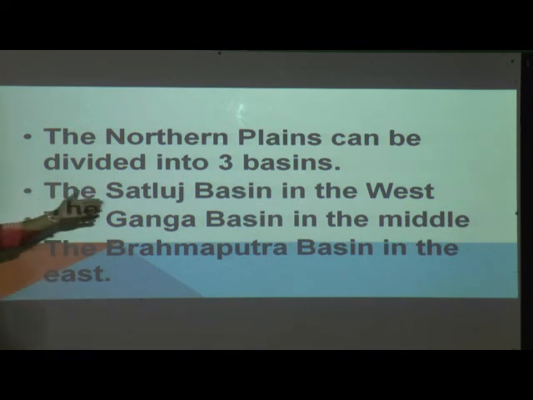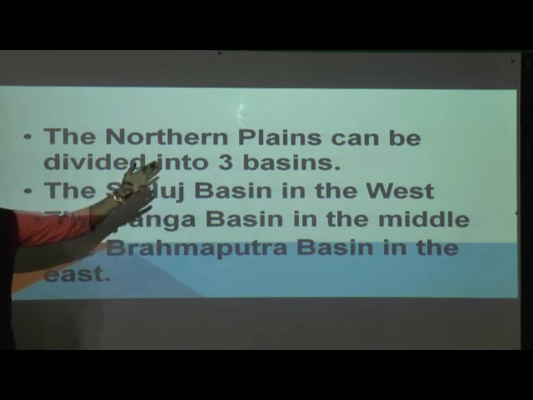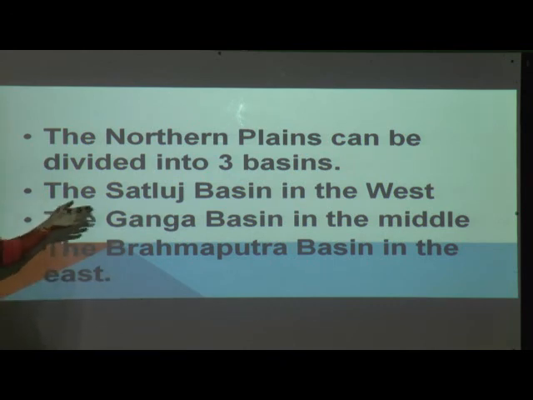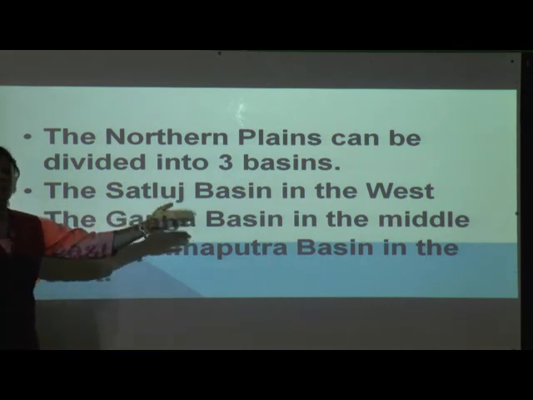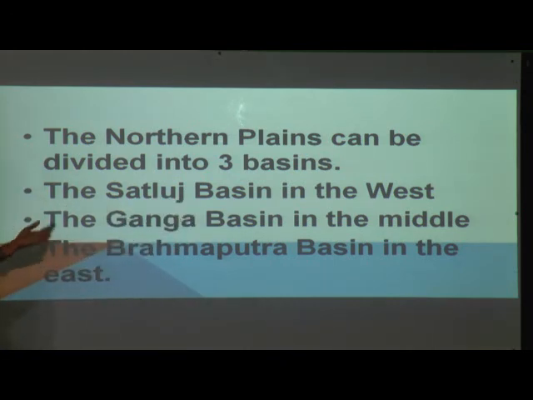The Satluj basin in the west, the Ganga basin in the middle, and the Brahmaputra basin in the east. Once again I tell you, the northern plains are divided into three basins: first the Satluj basin, the Ganga basin, and the Brahmaputra basin. These are the new words that are underlined.